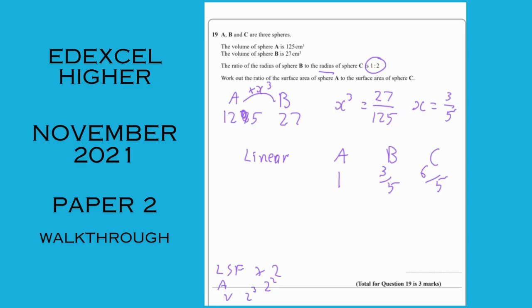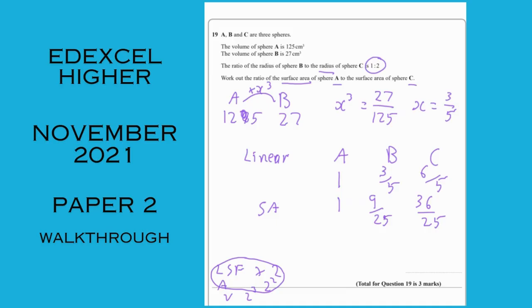All right, so work out the ratio of surface area of A to C. So when you go from linear to surface area, you need to square things. So 1 squared, 3/5 squared, and 6/5 squared.